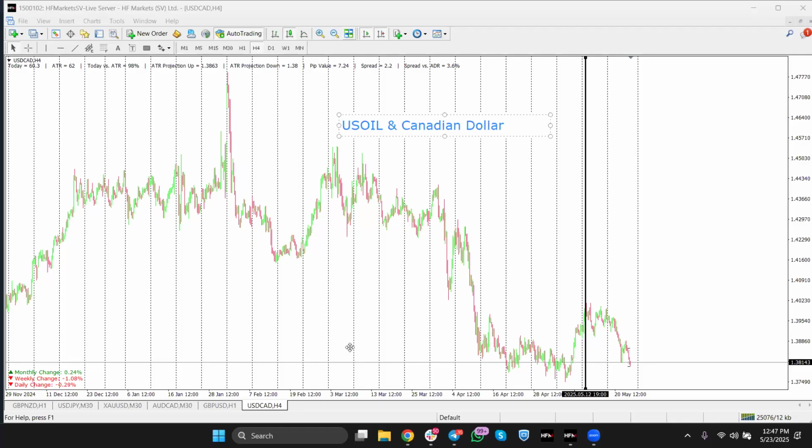Let's look at USD CAD. USD CAD is lower, clearly showing CAD strength against the dollar, right? And that should mean, ordinarily, because they should be positively correlated, if oil prices are up, then the Canadian dollar should also gain strength. Why? Because Canada is a major producer of oil in the world. I mean, we all know that.